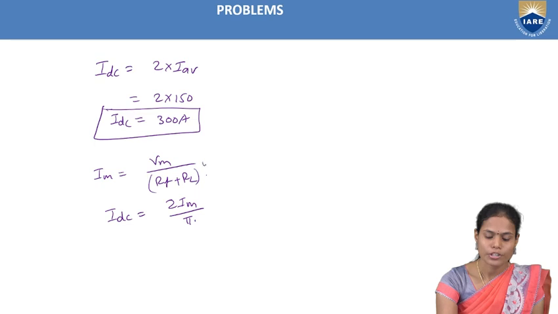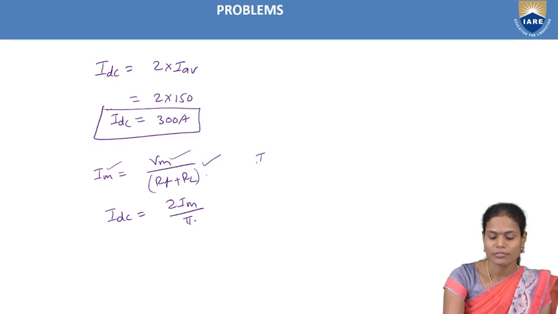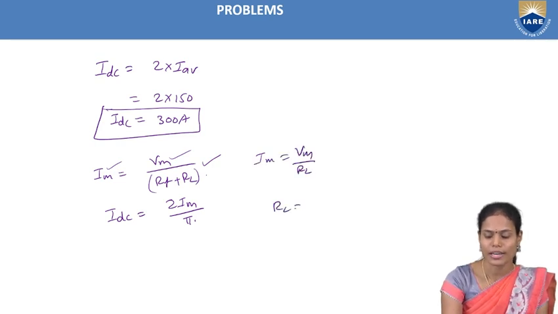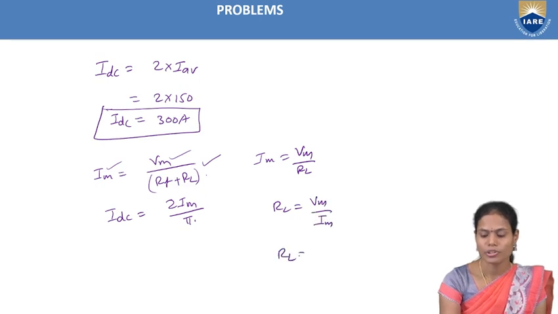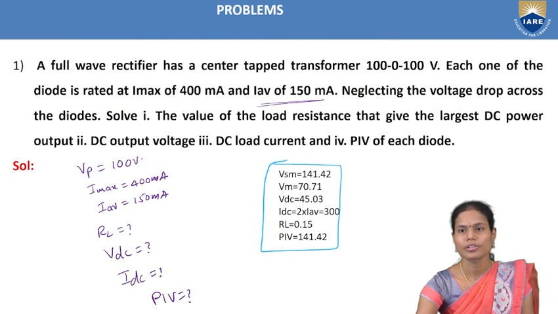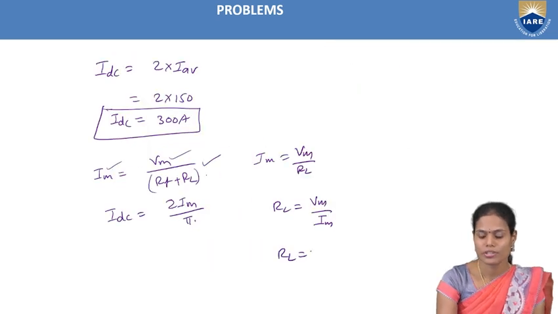So in this particular equation, if you substitute all the values, we know the Im value and Vm value, but the RF resistance is not given, so don't consider that. We will get Im equal to Vm by RL. So from this we can calculate Vm by Im, that will give the load resistance value. So that load resistance value is 0.15 ohms.